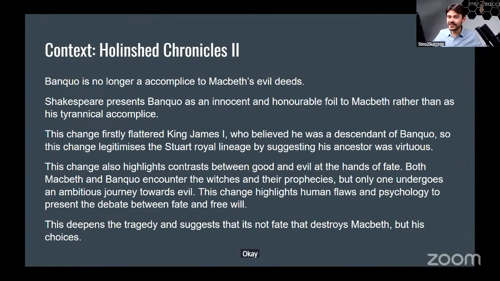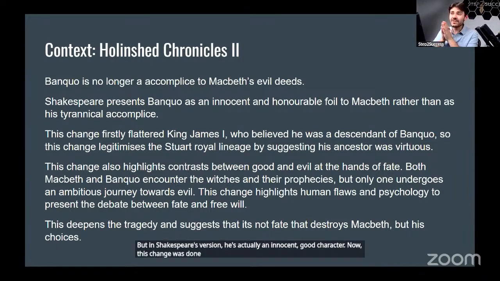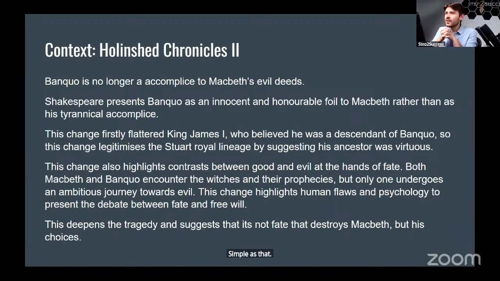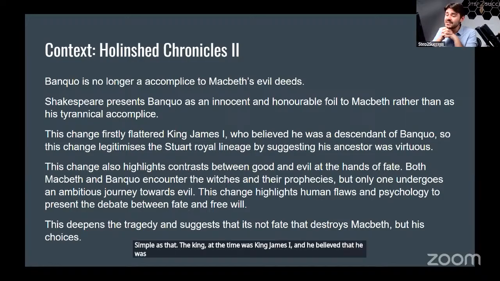Okay, second change. Banquo, in the original story, is actually an accomplice to the bad deeds of Macbeth. But in Shakespeare's version, he's actually an innocent, good character. Now, this change was done because it flatters the king. Simple as that. The king at the time was King James I, and he believed that he was distantly related to Banquo.